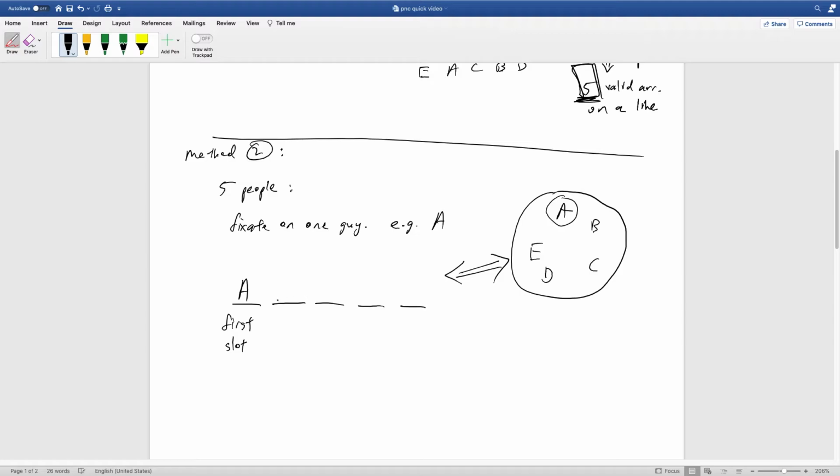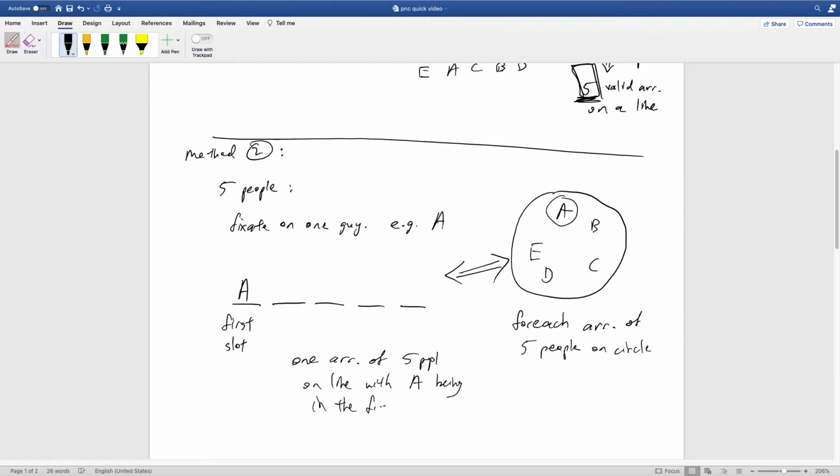Now you realize that this is a one-to-one correspondence, because for each arrangement of the 5 people on the circle, there is one arrangement of 5 people on a line with A being in the first slot.